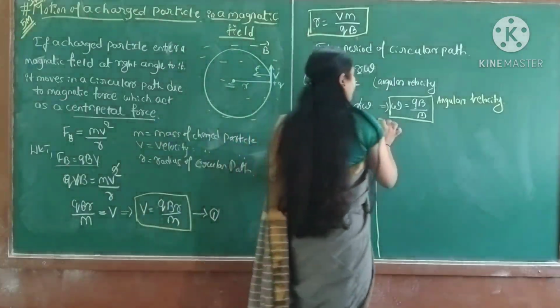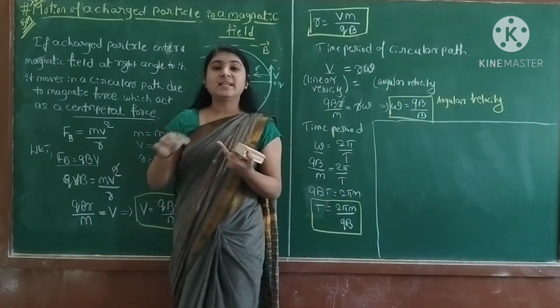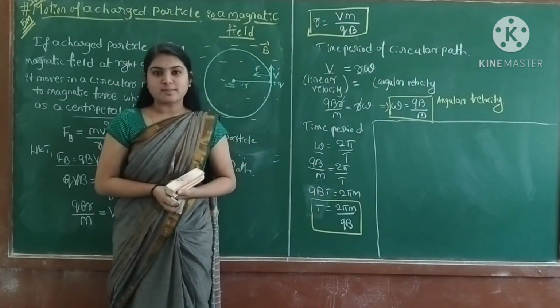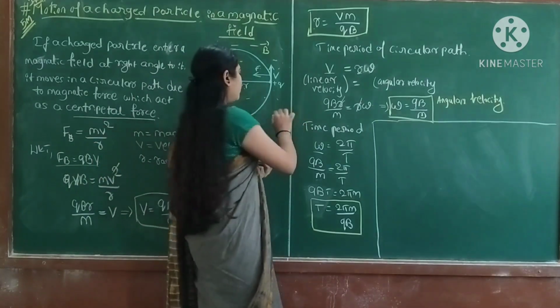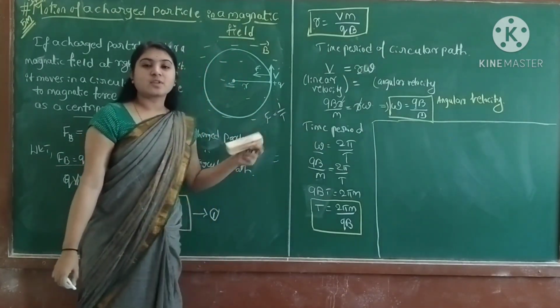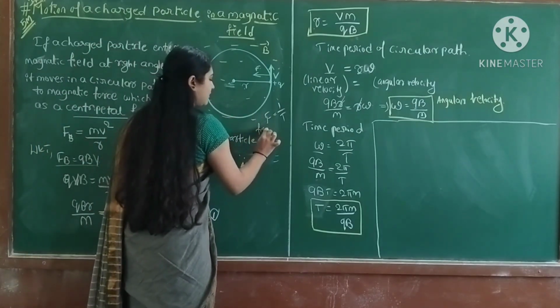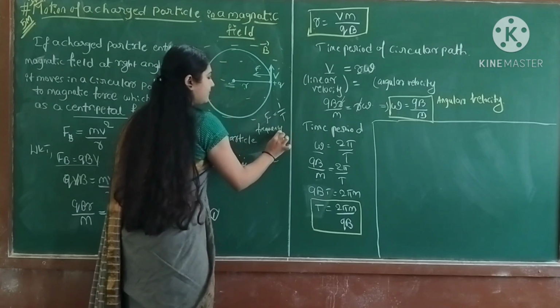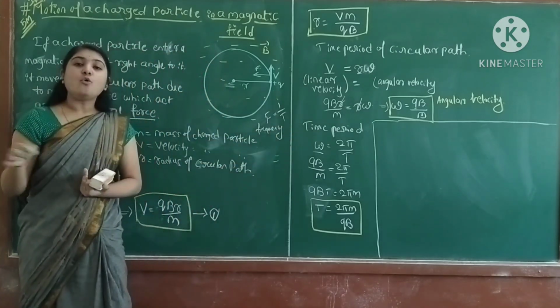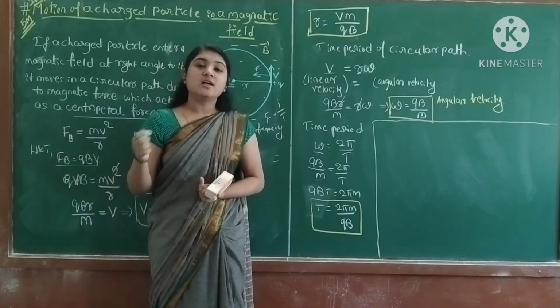Frequency means in 1 second how many rotations it will cover. F is equal to 1 by T.